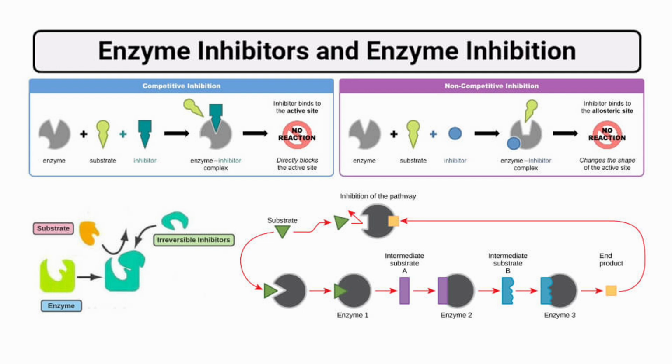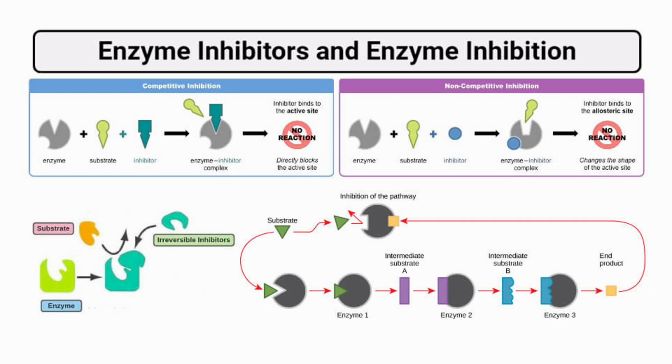And with non-competitive inhibitors, you have your substrate again and your inhibitor, but your inhibitor binds to the allosteric site, which is going to alter the shape of the active site and prevent the substrate from binding.